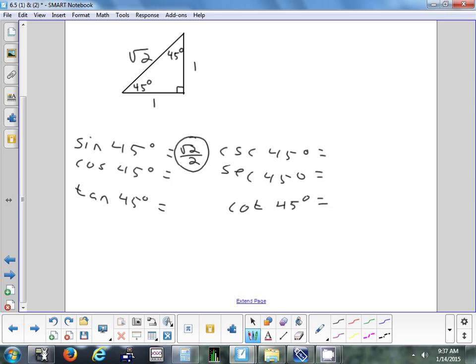How about my cosine of 45? Same thing. The opposite and adjacent sides are the same length, so we get the same thing. How about the tangent of 45?